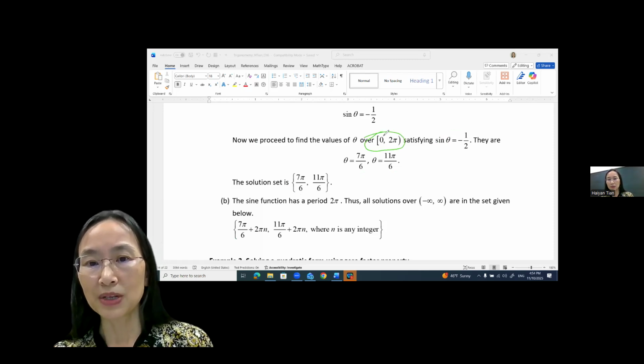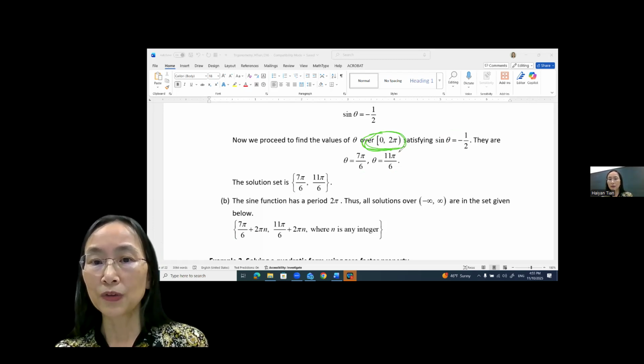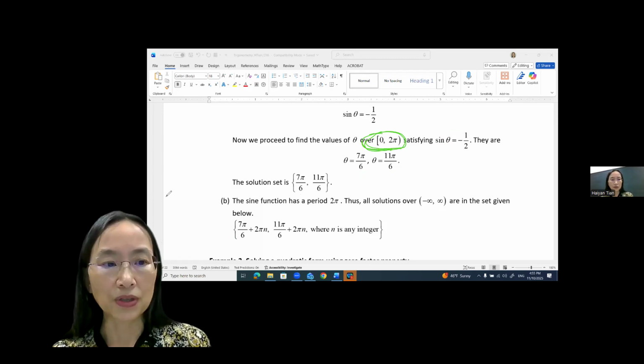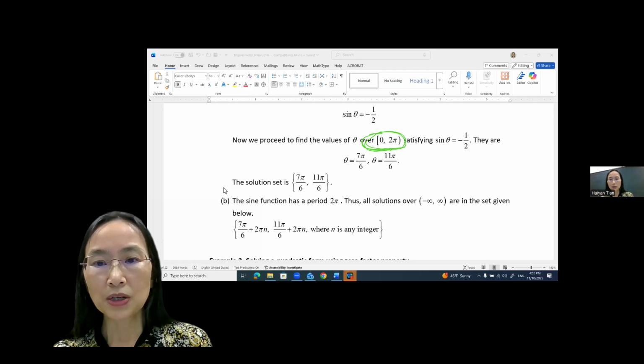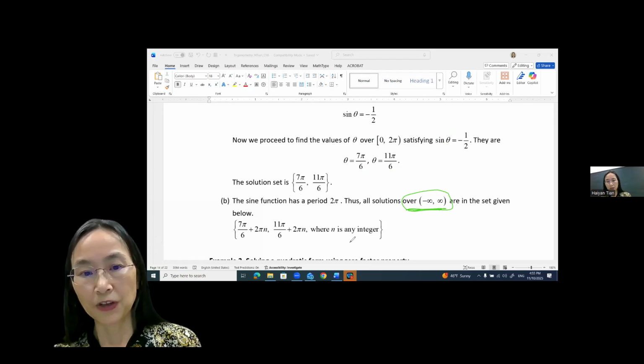Suppose, without this restriction, we want to find all solutions; they do not necessarily stay in that interval. They can be from that interval or any other interval. So we're looking for all solutions over the interval from negative infinity to positive infinity.